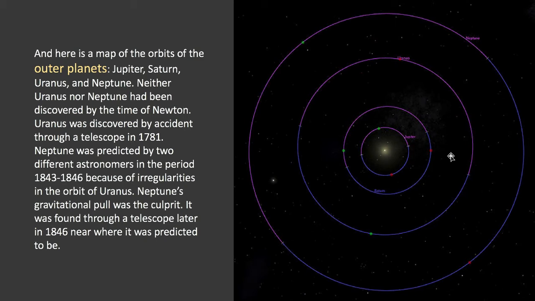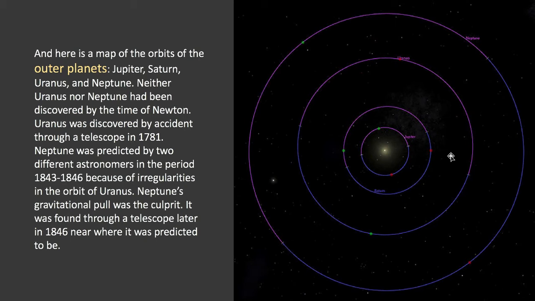Uranus was not found until it was found by accident through a telescope in 1781, and Neptune wasn't found until a couple of astronomers realized that the orbit of Uranus was a little bit irregular. It wasn't exactly following Newton's laws.